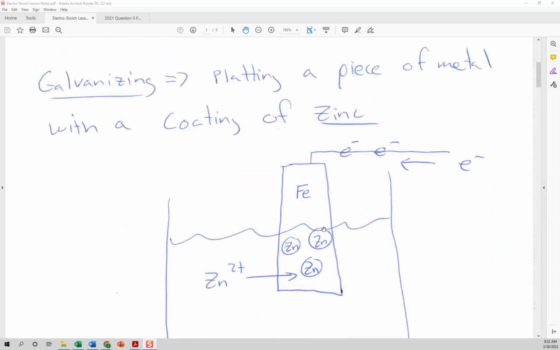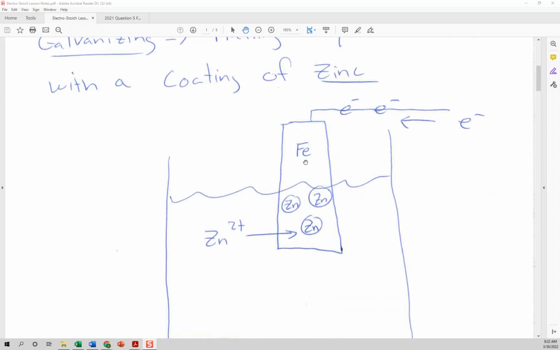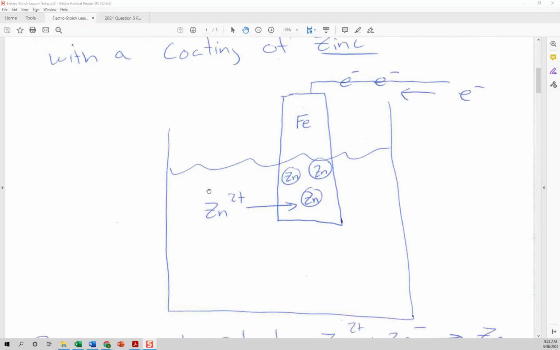All right, so essentially this is a very simple version, but let's take our piece of iron, and if we wanted to coat it in zinc, we'd have to have a solution of zinc ions, right? And we would dip our iron into the solution, and we would hook our iron up to a source of electrons. Electrons would flow down through the iron and reduce the zinc from zinc 2 plus to solid zinc right at the surface of the metal, and we would start to coat our iron with zinc.